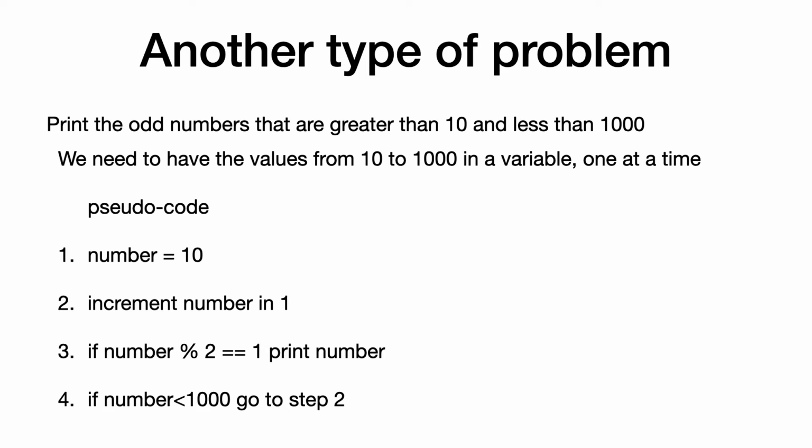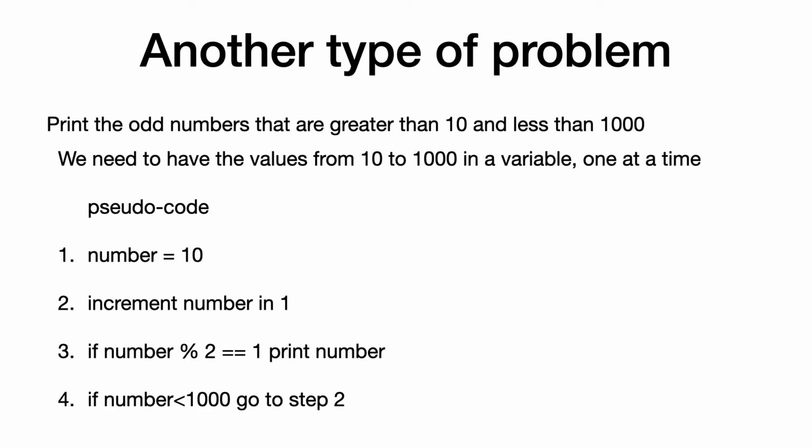Notice that if the initial value of the number is 10 and we increment the variable number by 1 every time, eventually the condition of step 4 will not be true and the algorithm will finish. So first number is 10, then we increment number by 1, then it will be 11.